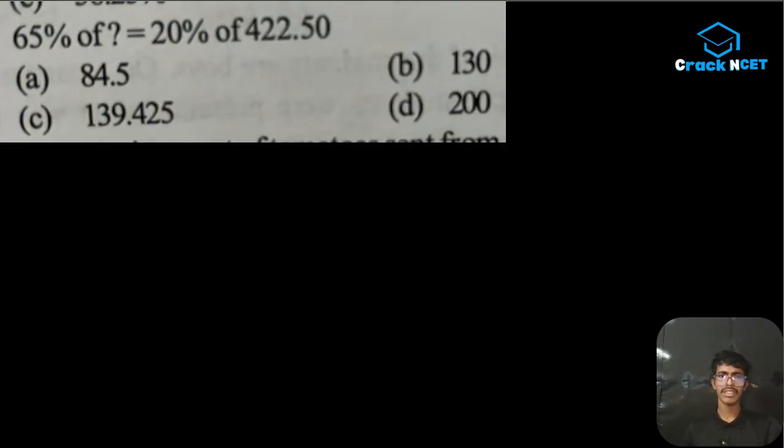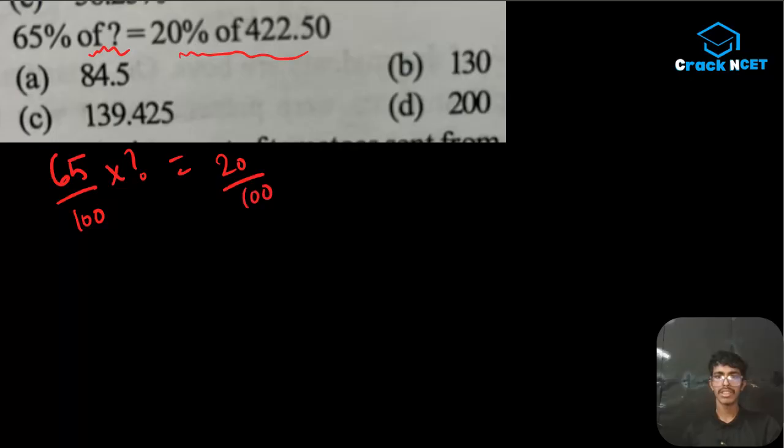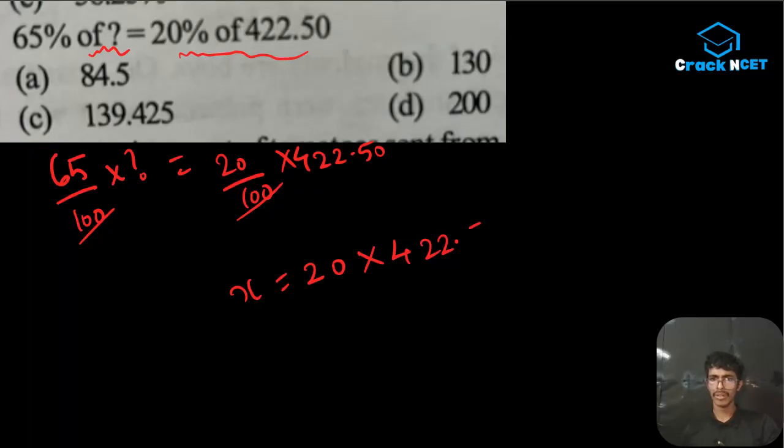Over here it is given that 65% of dash is equal to 20% of dash. The question is very easy. Percentages is an easy chapter. 65/100 of a question mark is equal to 20/100 of 42250. Cancel out. So the value of x will be 20 into 422.50 divided by 65.